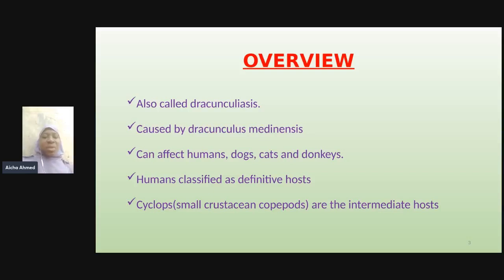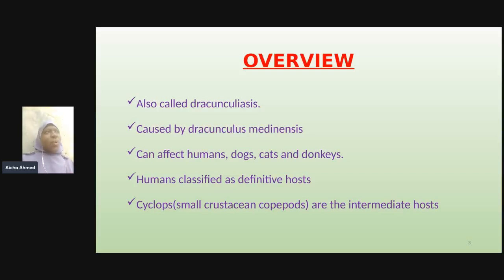Now, among these animals, we have those that just keep the parasites without allowing the parasite to mature. We call these animals the paratenic hosts. In humans, the parasite matures and reaches the sexual reproductive stage. These animals may take in copepods, the water fleas that store the larvae.